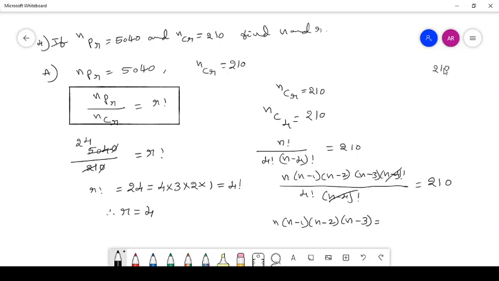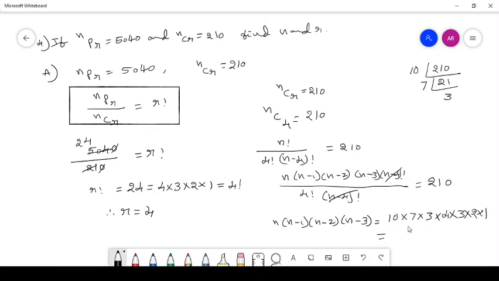210, you know factorization. 10 2s are 20, 10 1s are... Next, 7 3s are... This can be written as 10 into 7 into 3, and 4 factorial is 4 into 3 into 2 into 1.